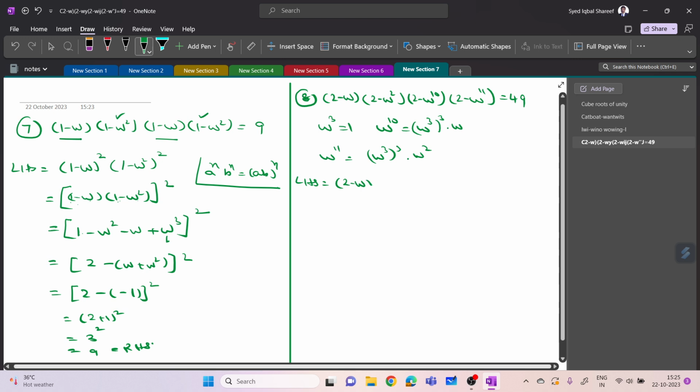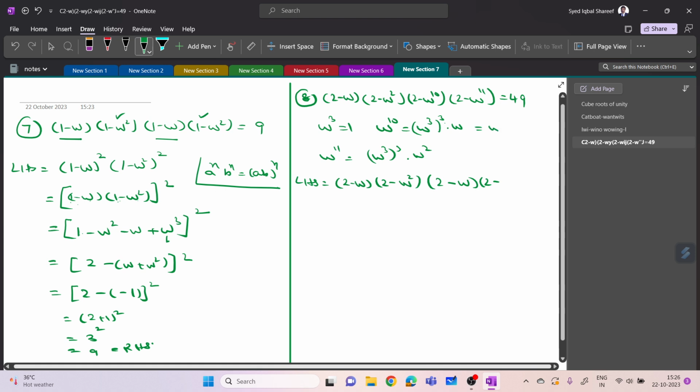So now the left hand side: 2 minus omega, 2 minus omega square, and 2 minus omega to the power of 10, which can be written as omega to the power of 3, 3 3 is a 9, 10. Omega cube is 1, so 1 cube is 1. So it is just omega. 2 minus omega to the power of 11 is the same as omega square.